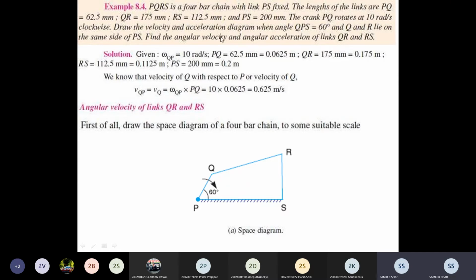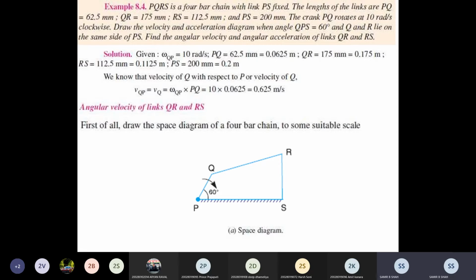Draw the velocity diagram when the angle QPS is 60 degrees, while Q and R lie on the same side of PS. It may be that Q and R are not on different sides, but both are on the same side. And find the angular velocity and angular acceleration of the links QR and RS. Right now, we are not focused on acceleration, but we are only focused on velocity.